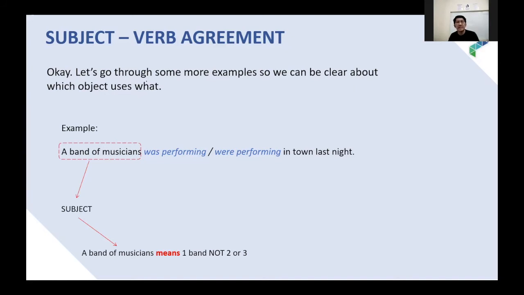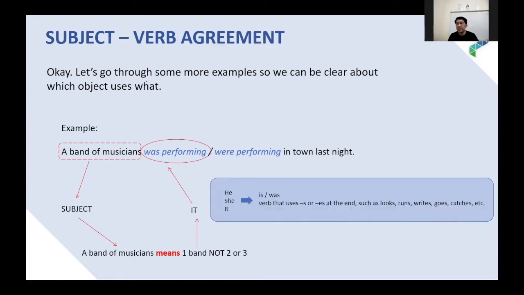So it is a singular group. As I mentioned before, a singular group can be used with is or was. Therefore, the answer is a band of musicians was performing in town last night.